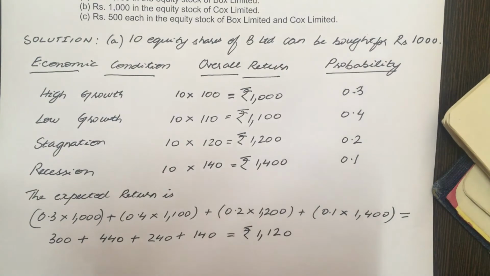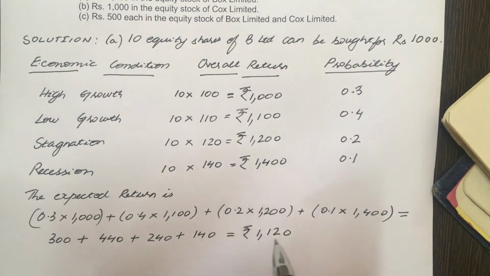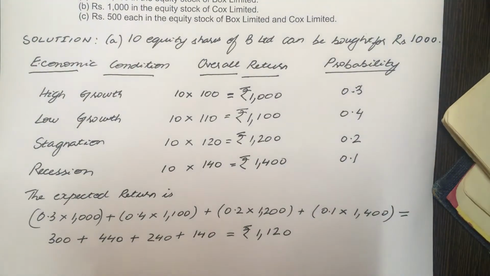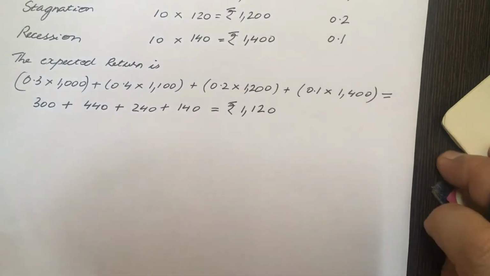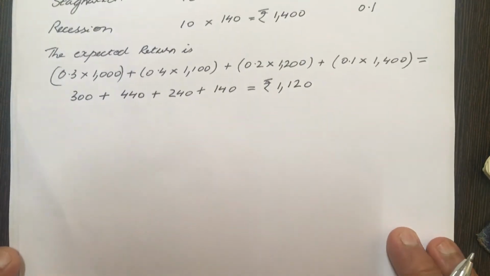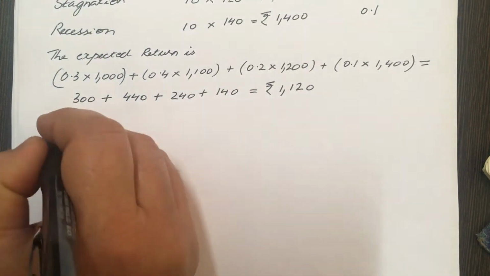Is that correct? Let's check one more time. 300 plus 440 plus 240 plus 140 is equal to 1120. All right.